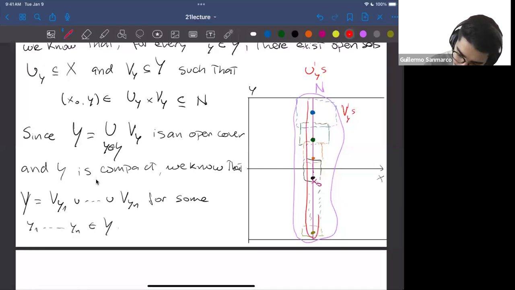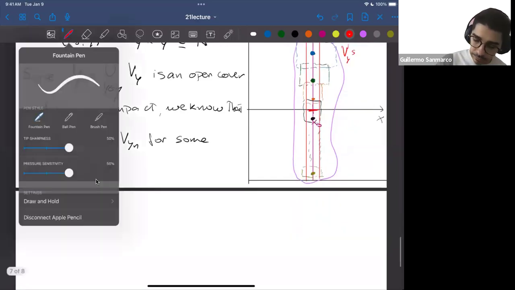Here's the smallest U, and then I take the tube.